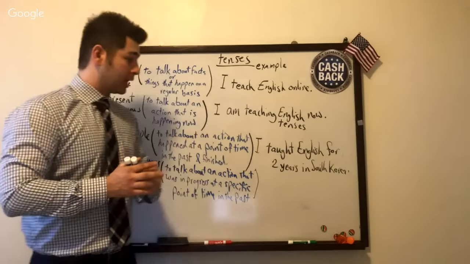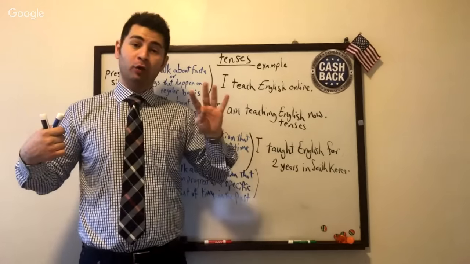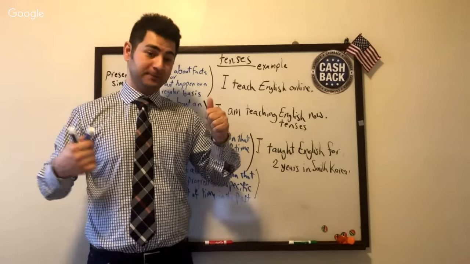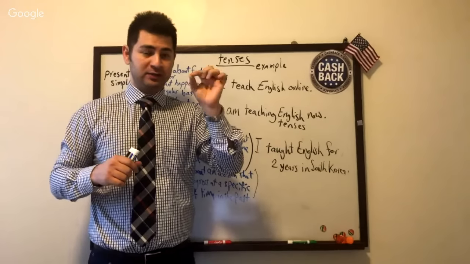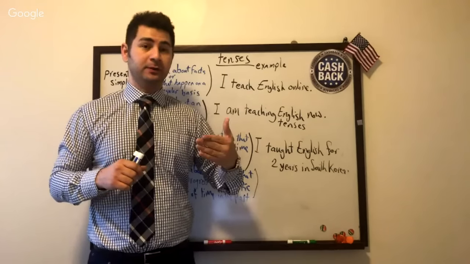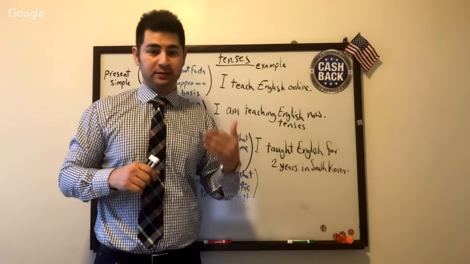So, I finished at 4 p.m. yesterday. About a specific point of time in the past, which is 4 p.m. yesterday. An action that was in progress. That action was teaching.